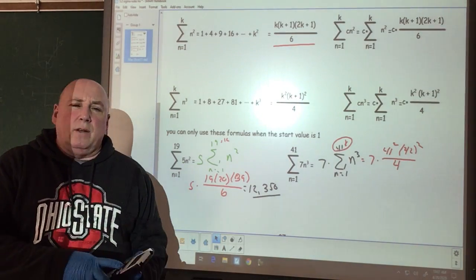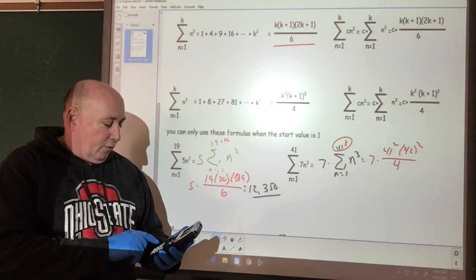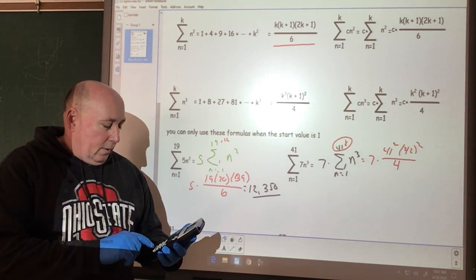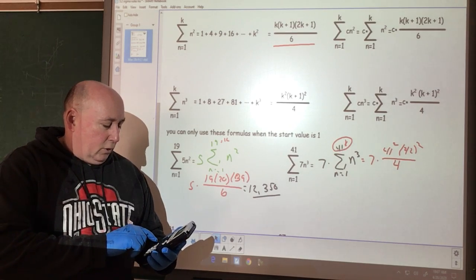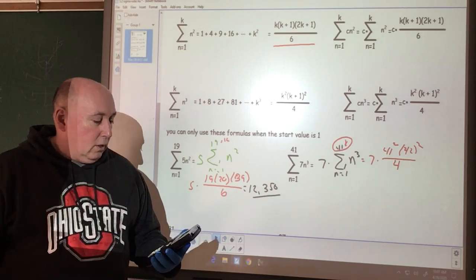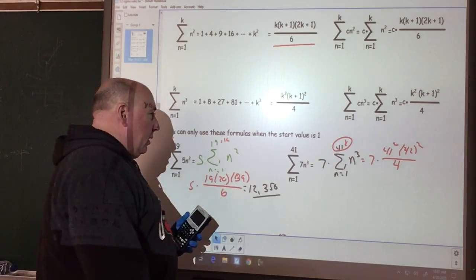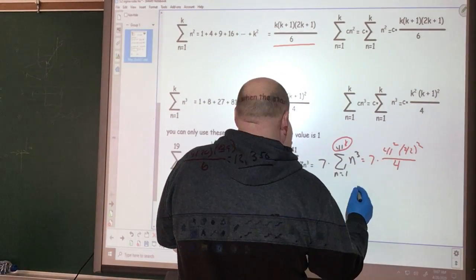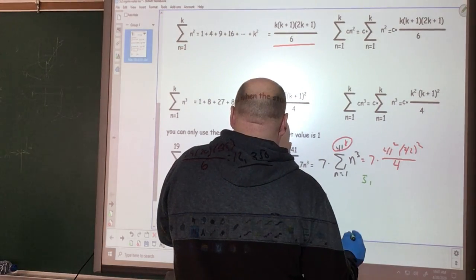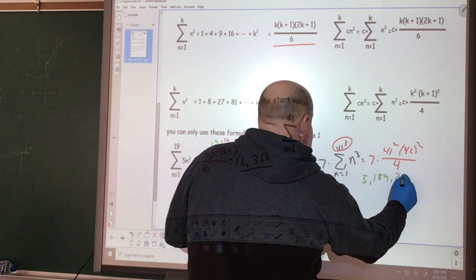Not very difficult stuff to do, it's just a matter of realizing it's there. 7 times 41 squared times 42 squared divided by 4. Oh, a really big number, 5,189,247.